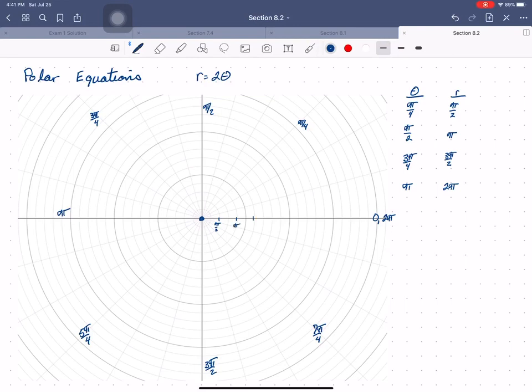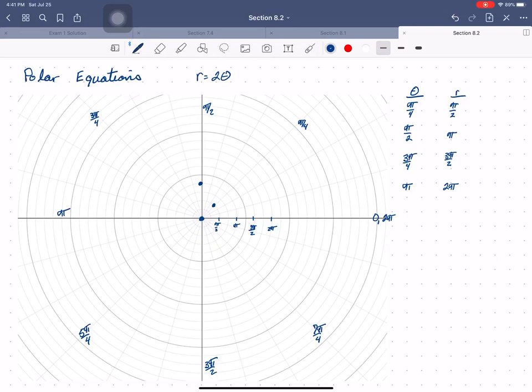Okay, so when theta is pi over 4, radius is pi over 2. When theta is pi over 2, radius is pi. When theta is 3 pi over 4, my radius is 3 pi over 2.